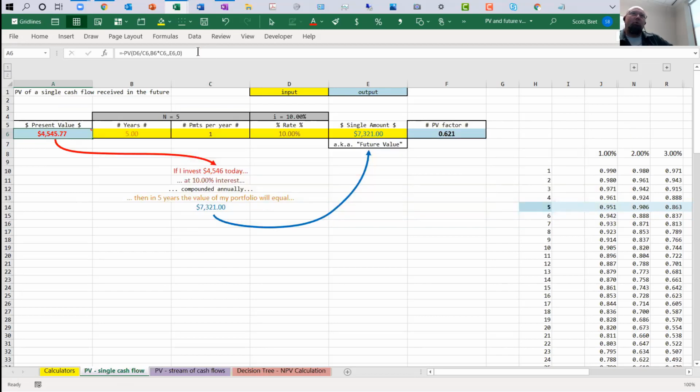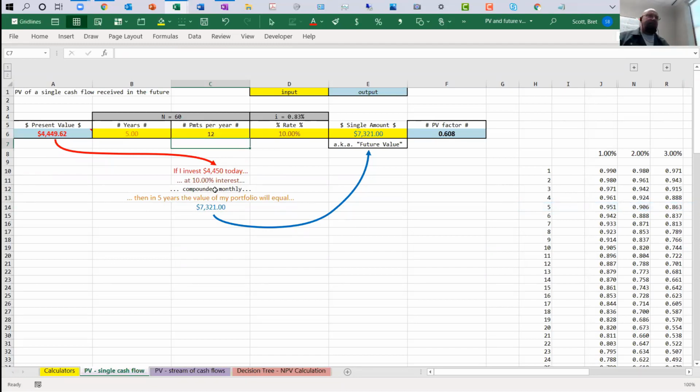You can also see it up, of course, up here at the top. But this spreadsheet right here just actually explains to you what's going on. If I invest 4545, 10% interest compounded annually, then in 5 years, the portfolio will grow to 7321. And if you change number of payments to like 12, you hit enter, it'll update these things down below.